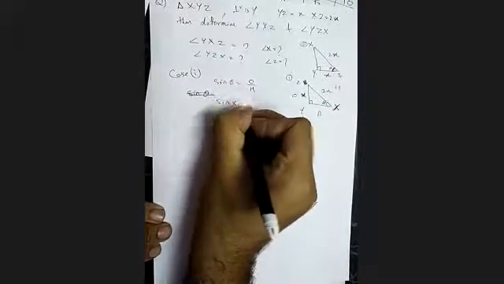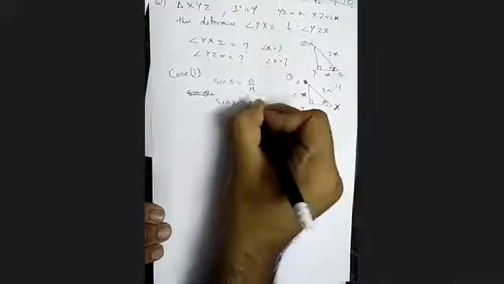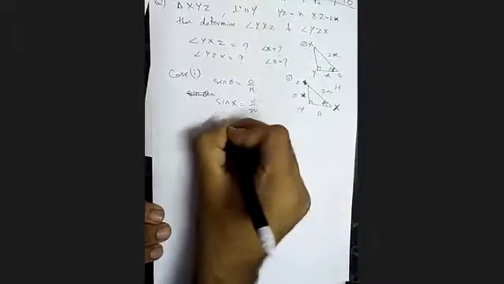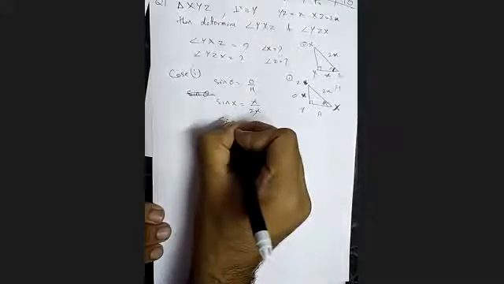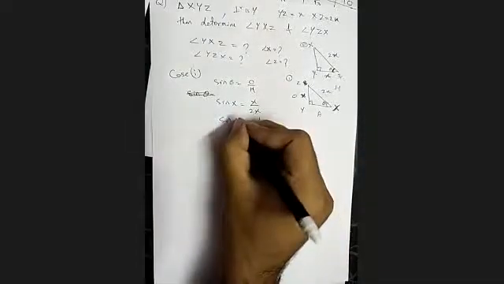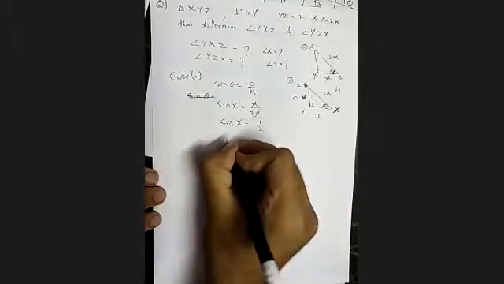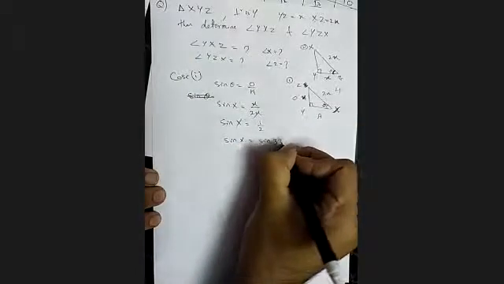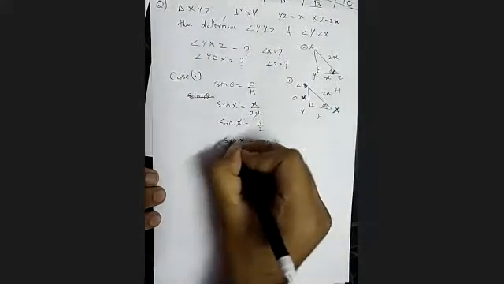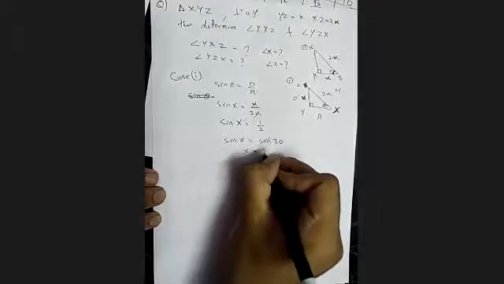So sine x is equal to, our opposite is x, our hypotenuse is 2x. This x and x cancel. 1 by 2. When is sine equal to 1 by 2? Look at your trigonometric table. Sine 30 degree. So sine x is equal to sine 30. We can remove this sine and this sine. So x is equal to 30 degree. Understood?